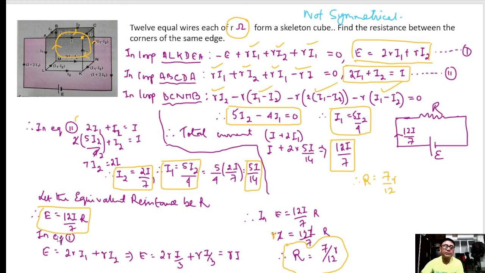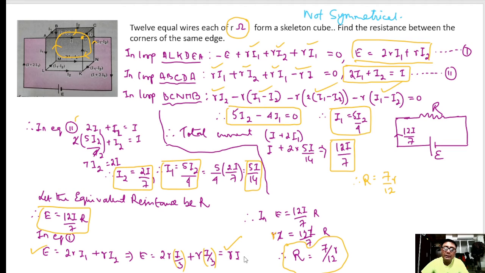Yes. So please watch here. Now in equation 1, E equal to 2R I1 plus R I2. That means we are putting the value of I1 and I2, and we are getting E as Ri.